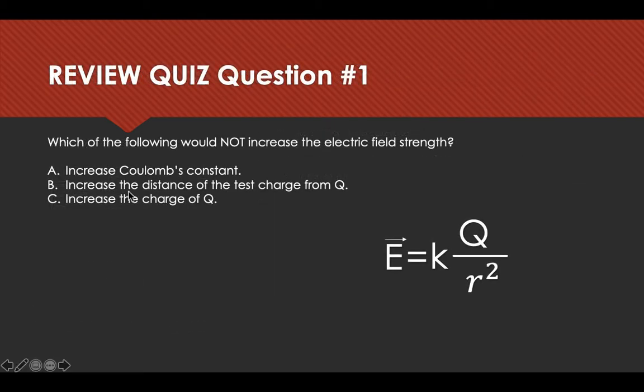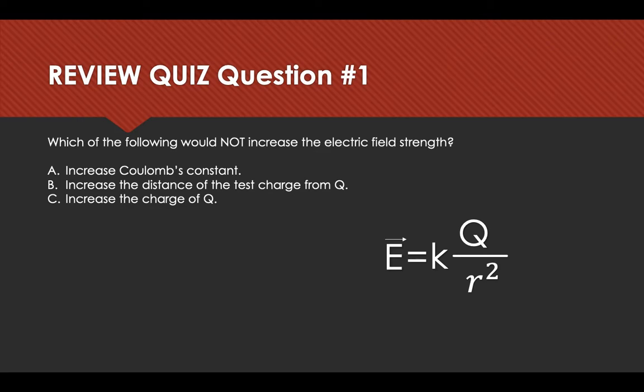So we're actually going to have a review question to see if you understood everything that was going on, and I hope you did. If you just pause the video, read through the question, and see if you get the answer. Perfect. So which of the following would not increase the electric field strength? We've got A, increase Coulomb's constant, which, as you might have assumed, is impossible.